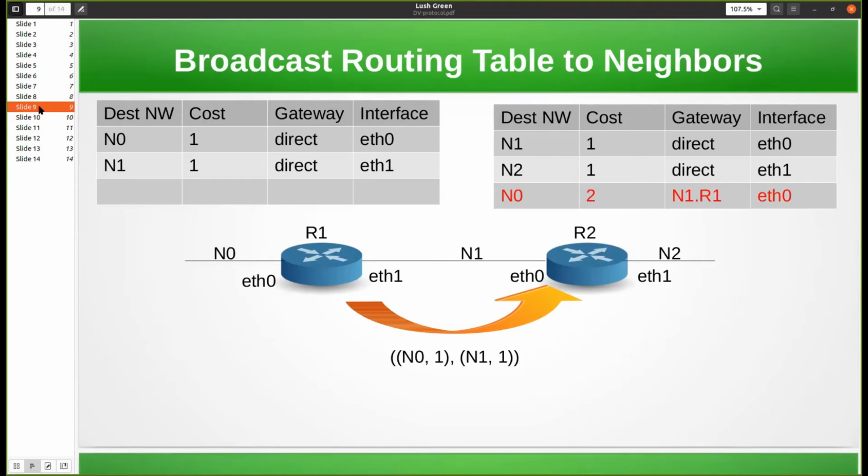So what happens in response to this? R2 is using its first rule, which says if there is a new network ID which we are not aware of, then we simply add it. So the N0 entry is added, and if you notice, the cost is 2, because R1 advertised with cost 1. This is an unweighted graph, so the assumption is that the edge weight is 1.